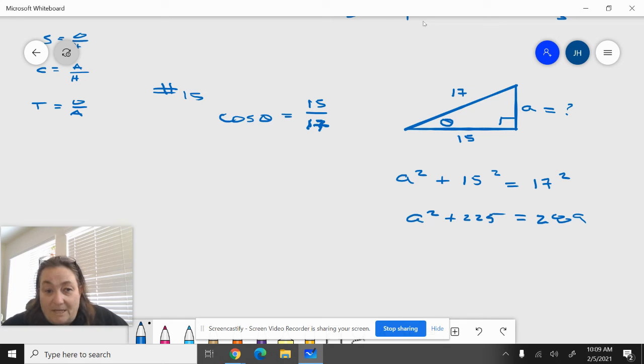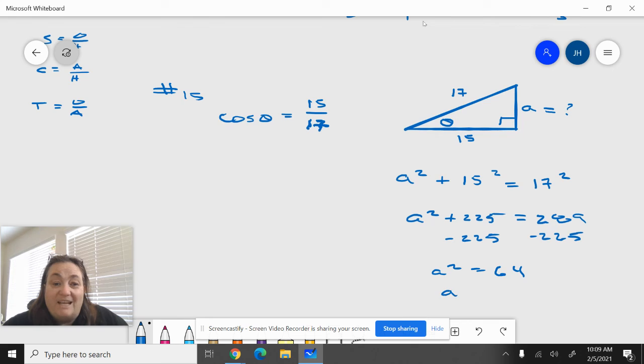We're going to isolate this A squared by subtracting 225 from both sides, and we get A squared equals 64. Well, that's super convenient, because if I took the square root of both of these, I'd get A equals 8. So now we know that A equals 8.